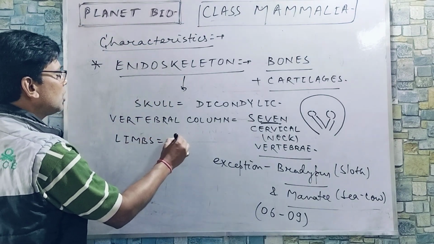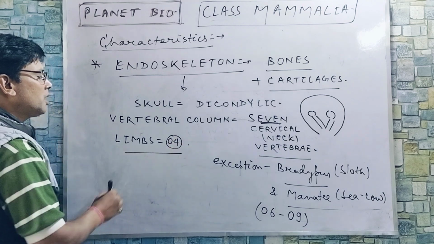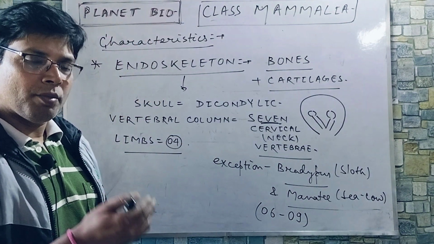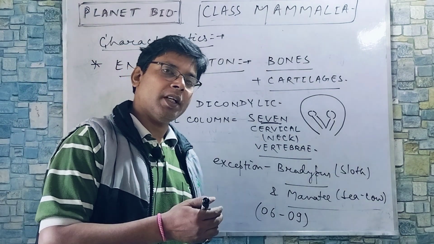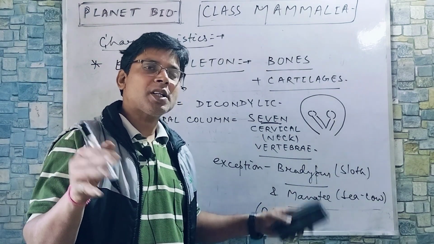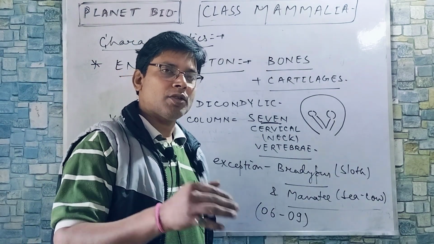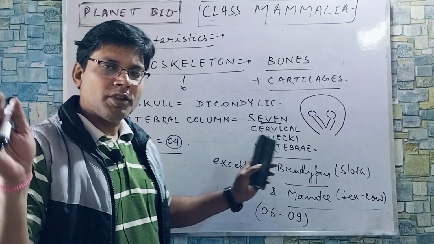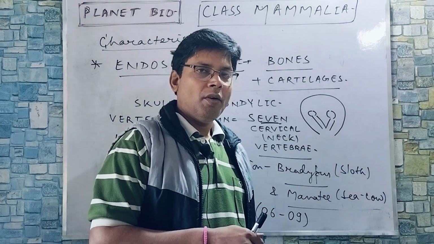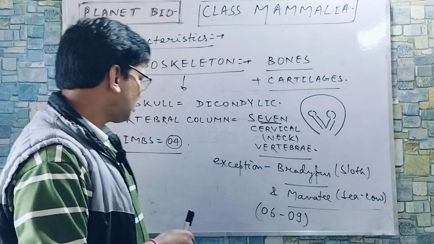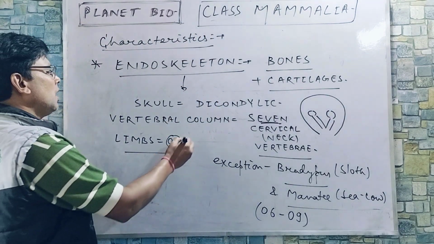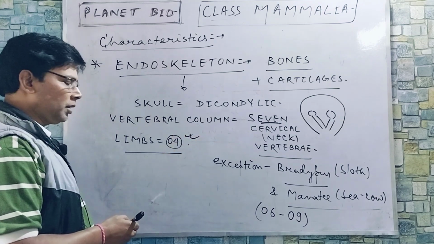Limbs are always 4. Due to some adaptations, limbs may be modified or may be absent. For example, in blue whales, flippers for movement or swimming in water. For example, you can see bats with flight or volant or aerial adaptation. So there may be some changes there, but generally limbs are 4 in number.